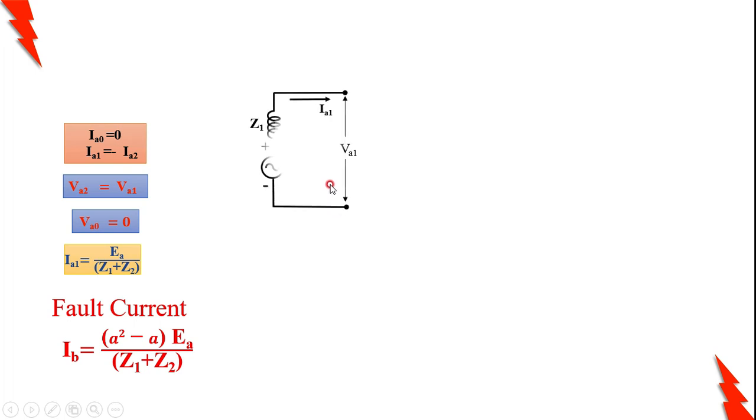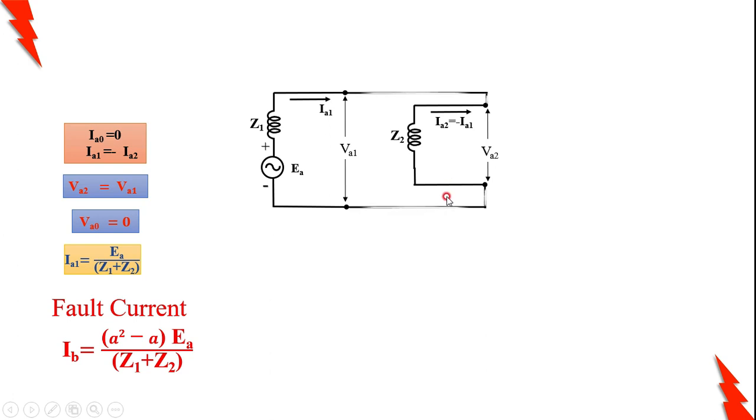Ultimately the fault current is (A square minus A) into EA divided by Z1 plus Z2. As far as the sequence networks are concerned, they are connected in parallel. This is the positive sequence network, this is the negative sequence network, and these two are connected in parallel. This is how we have to analyze the line to line fault on the unloaded generator.